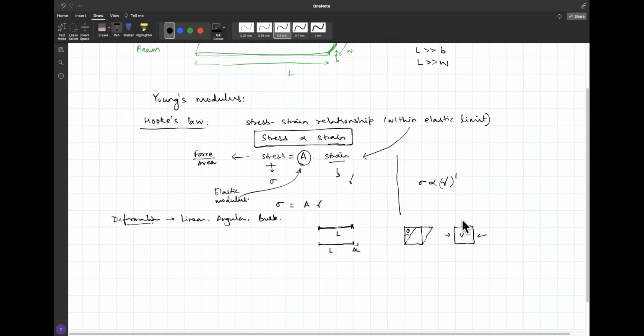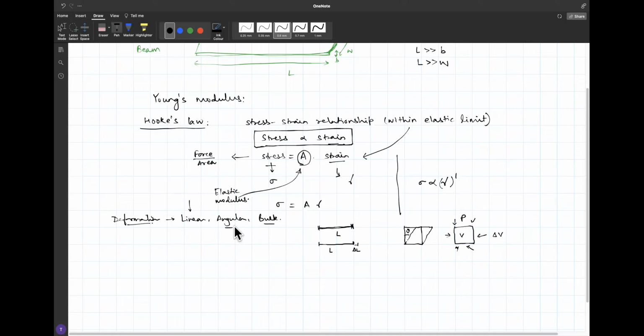At some pressure it has some volume, and if I apply pressure and it changes its volume by delta V, that's a bulk deformation. So there can be three types of deformation. Similarly, you can have different stresses. So in this case, you have a stress.